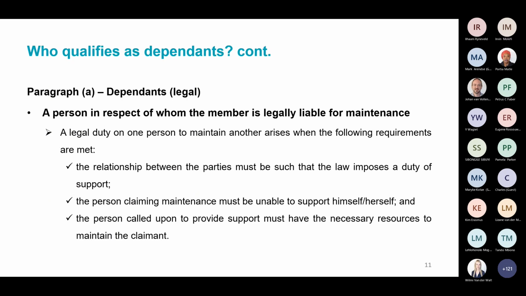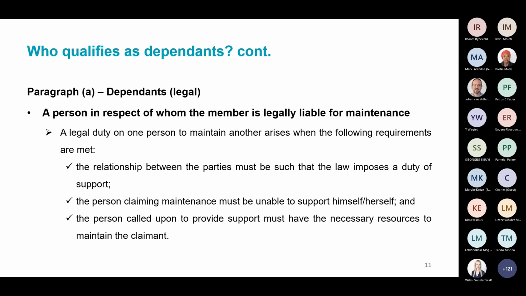So your category or paragraph A dependent, your legal dependent, is a person in respect, as I indicated, of whom the member is legally liable for maintenance. A legal duty on one person to maintain another arises when three requirements are met.